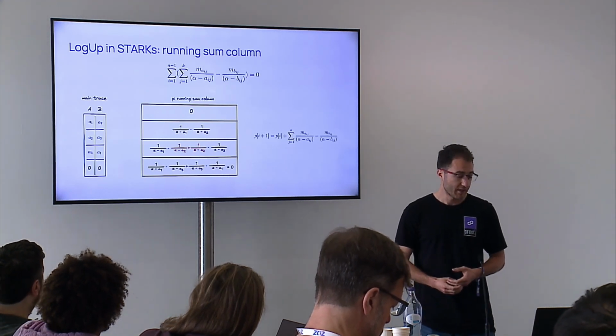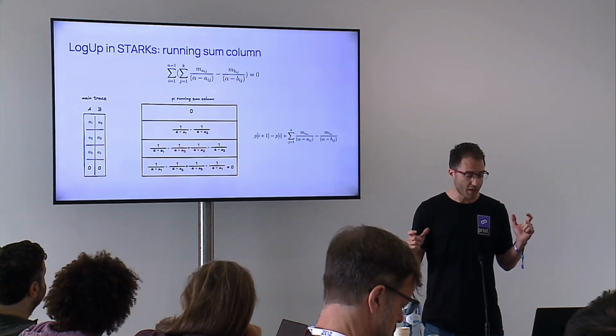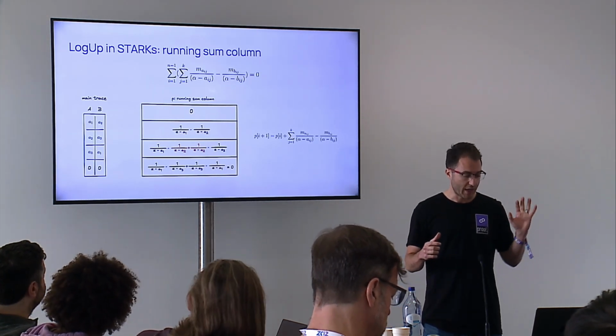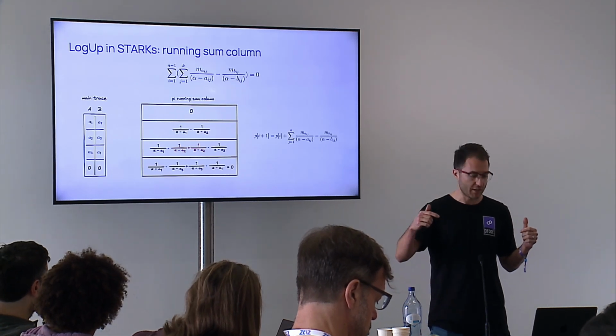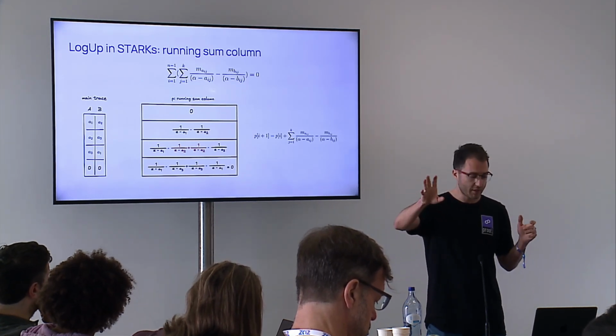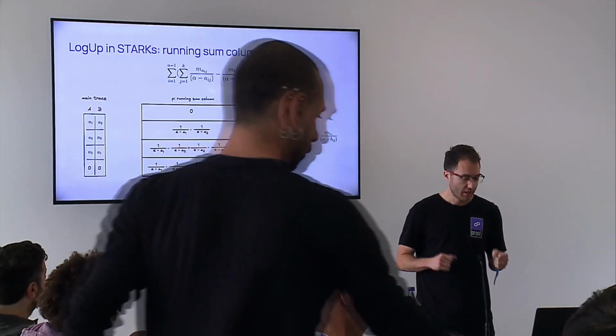So if we look at the constraints for this running sum column, we have P at i plus 1, so the running sum at the next row needs to be equal to the previous row, so whatever was there, plus add in all the A's and remove all the B's.